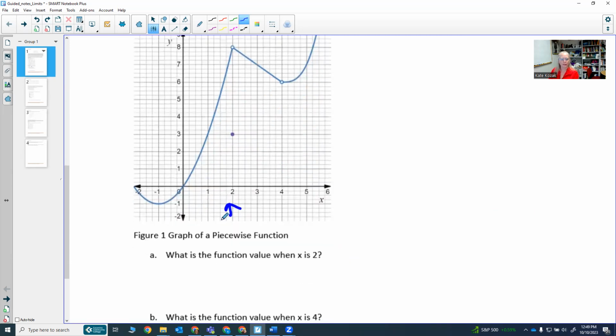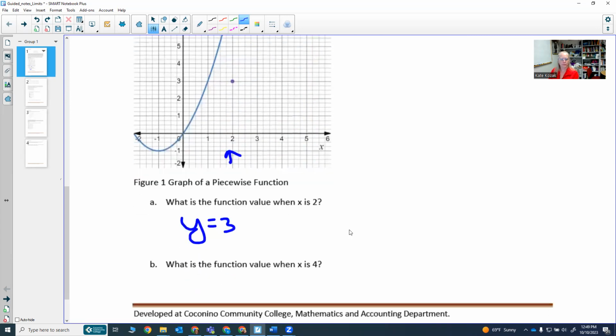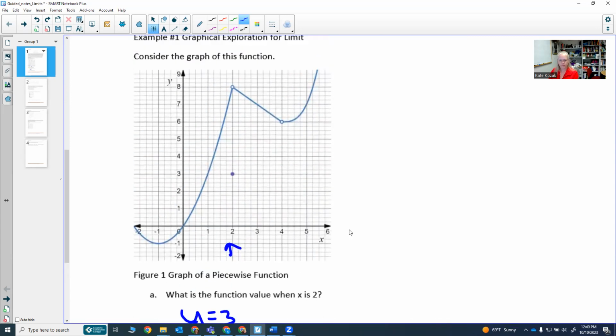So that means y is 3. What is the function value when x is 4? So when x is 4, the function, the y, doesn't have a value. The function is said to be undefined when x equals 4.